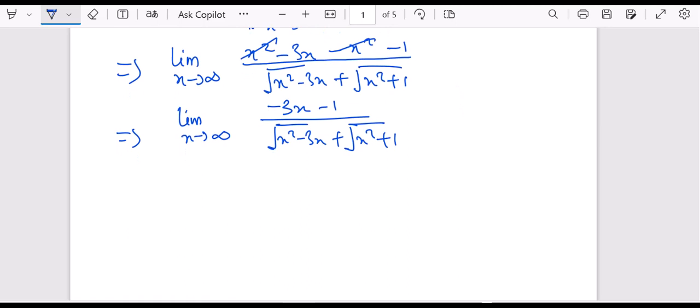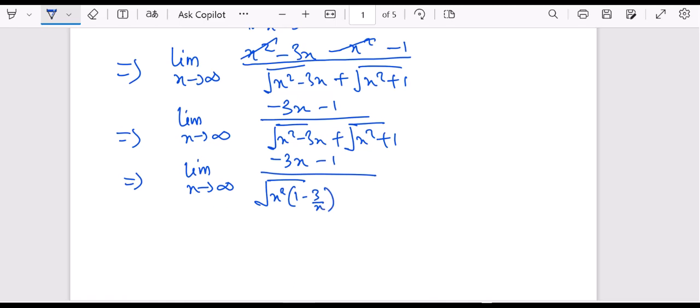So here we can factorize x squared out from each root. We can write this as the limit as x approaches infinity of negative 3x minus 1 all over root of x squared times the bracket 1 minus 3 over x, plus root of x squared times the bracket 1 plus 1 over x squared.